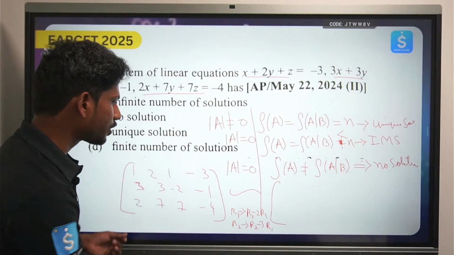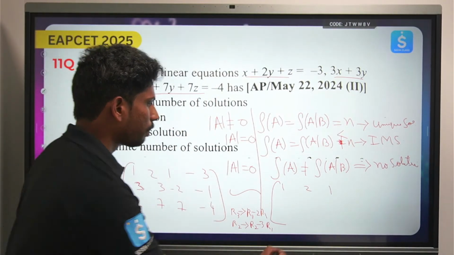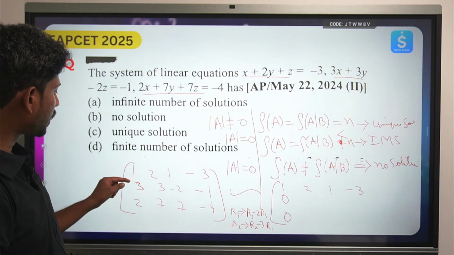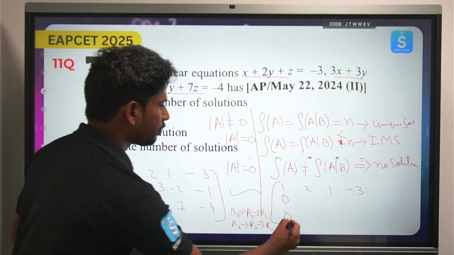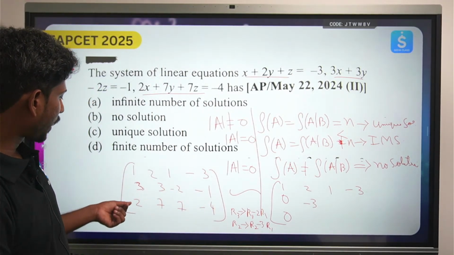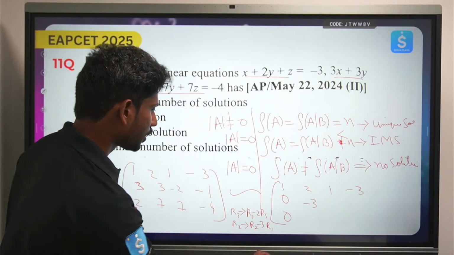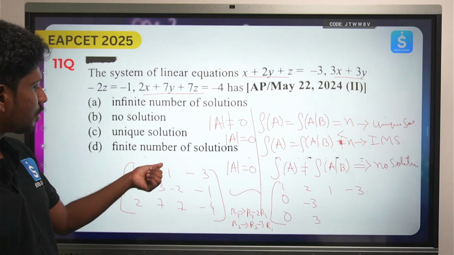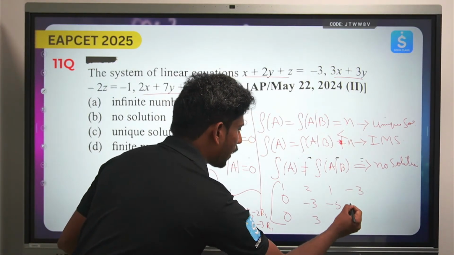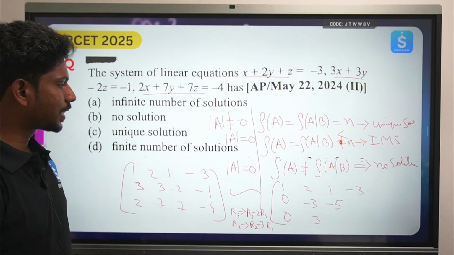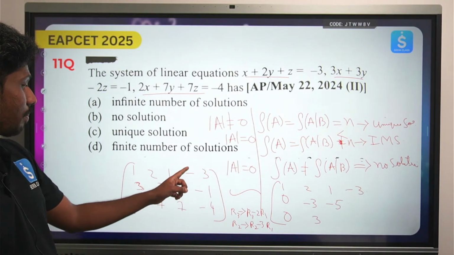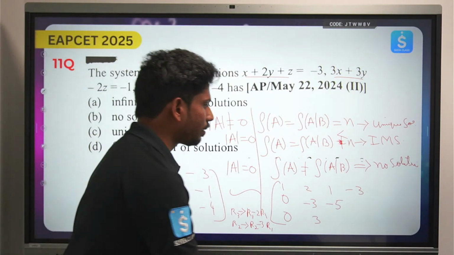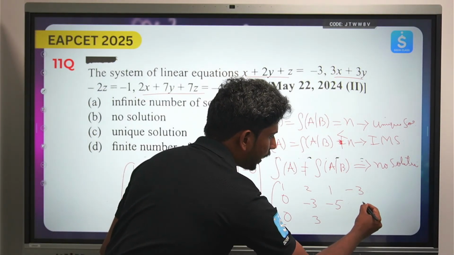In that case you write 1 2 1 minus 3, and this will become 0 0, and 3 minus 6, which will be equal to -3, and again this will become 7 minus 4, that will be equal to +3, minus 2, and here you multiply with 3, -2 minus 3 will be -5, and the next one is minus 1 plus 9, so that will become 8.